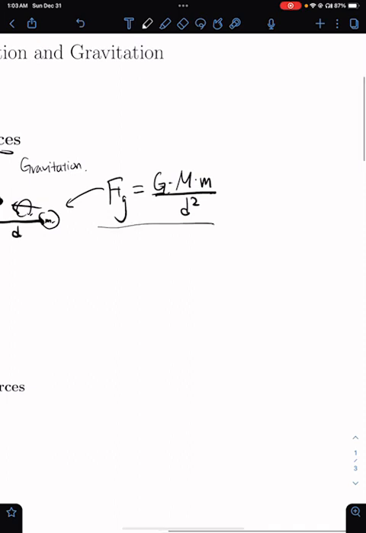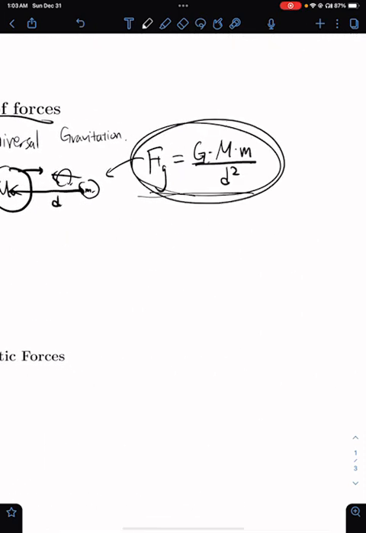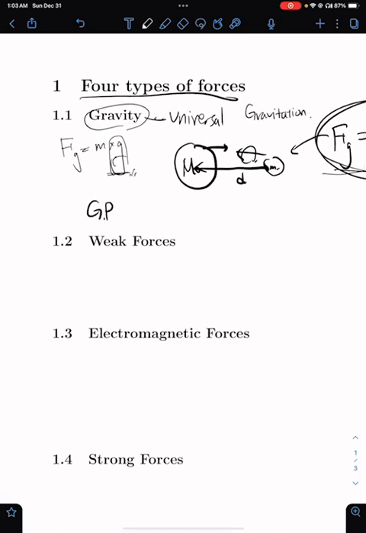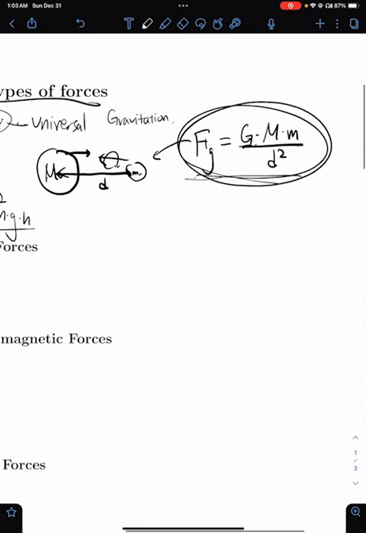But that's the force of gravity, and under this definition of gravity, the gravitational potential energy that we talked about slightly shifts as well, because in the earlier definition, it's just m times g times h, right? But under this definition, it becomes G times M times m over d.